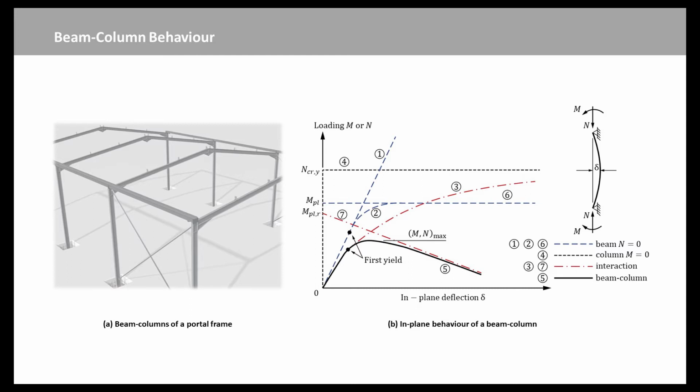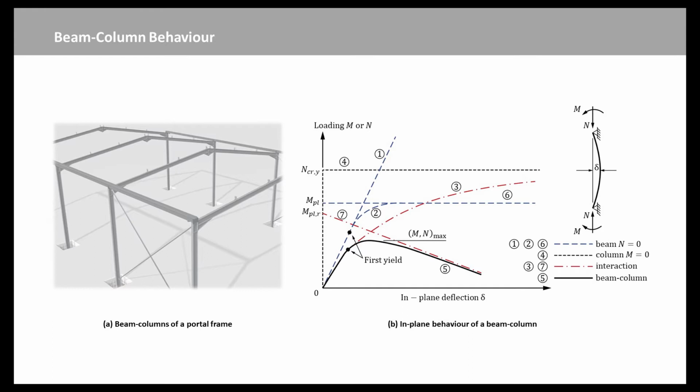Curve 3 shows the interaction between bending and buckling in an elastic member, and allows for the additional moment N times delta exerted by the axial load. Curve 7 shows the interaction between the bending moment and axial force, which causes the member to become fully plastic.